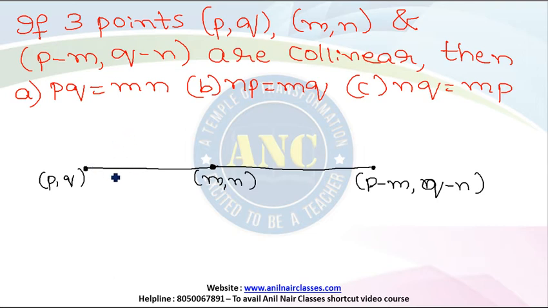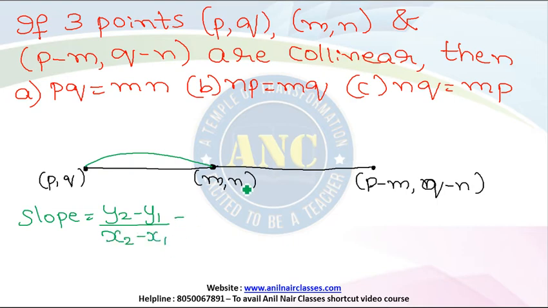That means the slope of the line joining the first 2 points is given by y2 minus y1 divided by x2 minus x1 in point form. That means here y2 is nothing but n, y1 is nothing but q, divided by x2 which is nothing but m, x1 which is nothing but p. Slope of this particular line is nothing but (n minus q) by (m minus p), right? This is the slope of this green color line, whatever I have drawn.